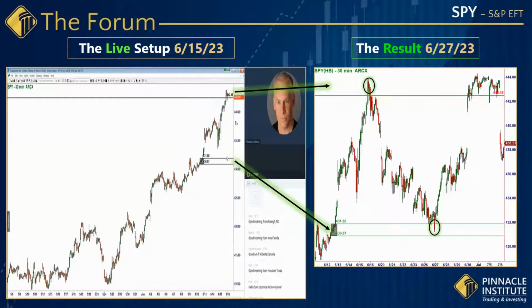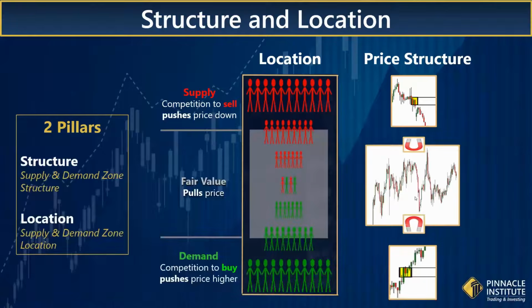Now, that's not to say that supply demand zones in the middle don't work. They do sometimes. You just have to understand that the probability is going to be lower because, exactly, Reggie, there's a smaller supply-demand imbalance in here.